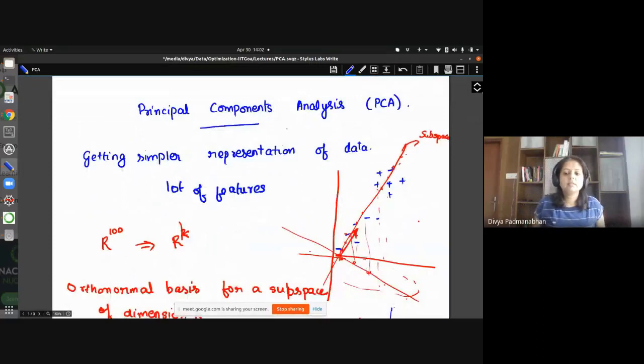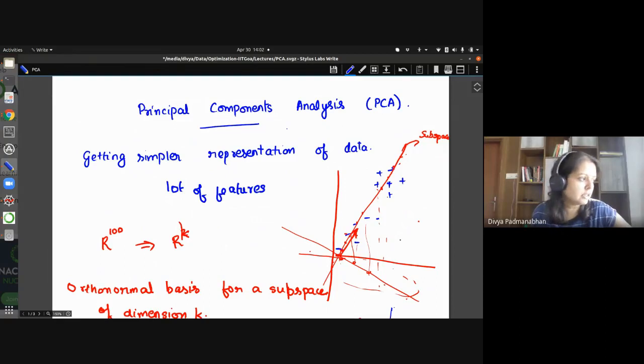Okay, good. So yesterday we just started off with the PCA approach in machine learning. The idea we were talking about is that you have a set of data points in some dimension and you want to get a lower dimensional representation of the data. There are a lot of advantages to this.